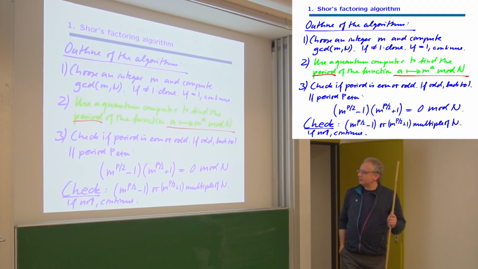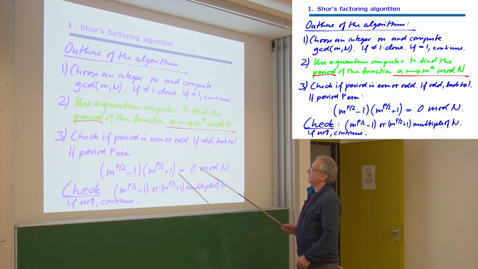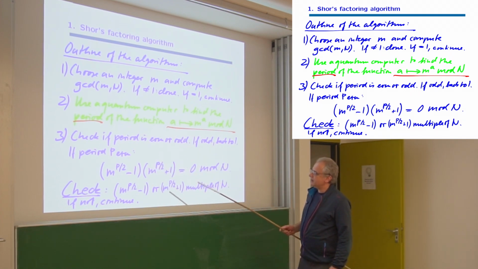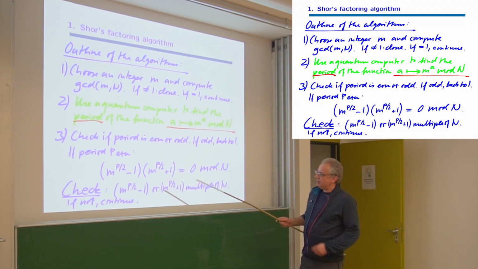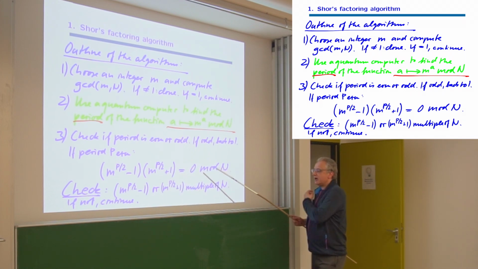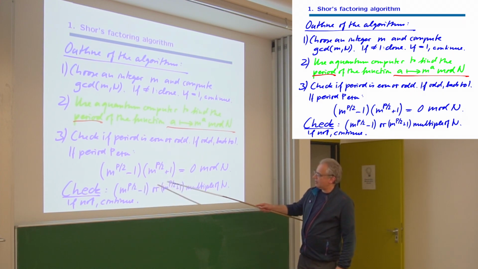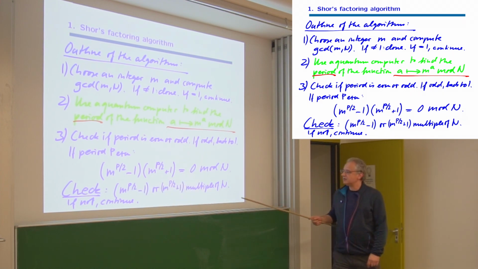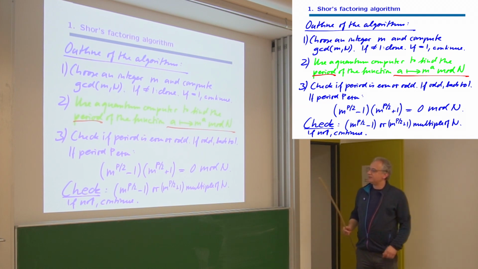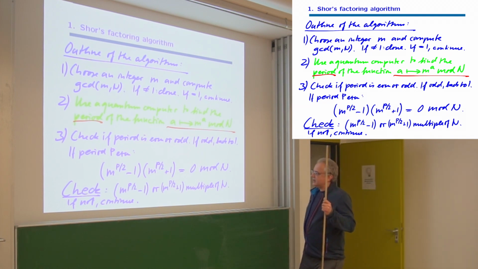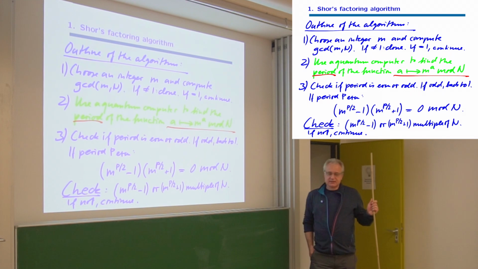Good. So this is just how we can formulate our assertion that p is the period of the function. And so now that we have that, we check whether this thing or that thing is a multiple of n. Yeah? If that happens, that's again bad luck.